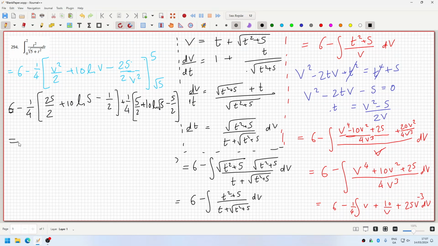So: 6 minus a quarter, 25 over 2 plus 10 log 5 minus 1 over 2, plus a quarter, 5 over 2 plus 10 log root 5 minus 5 over 2.